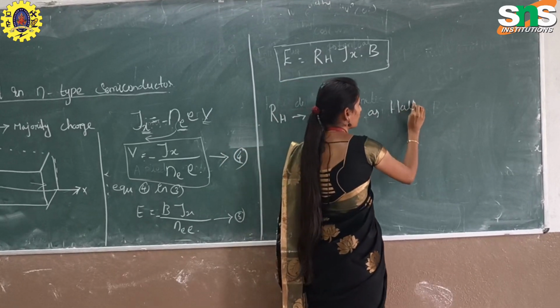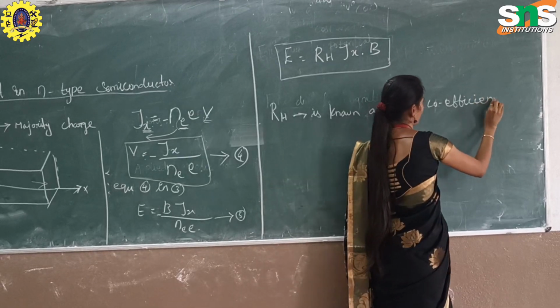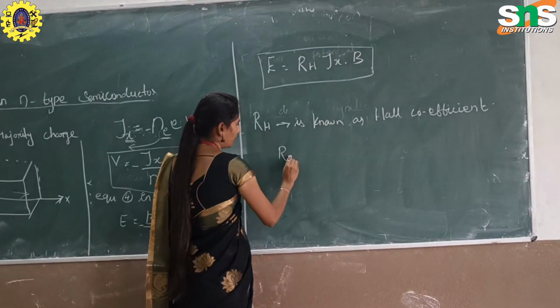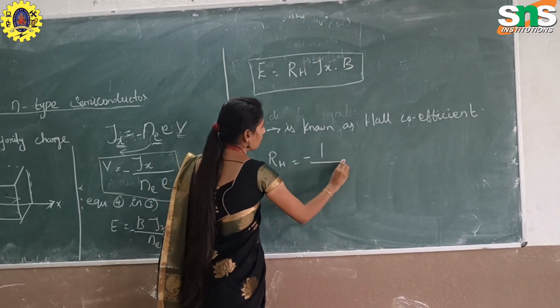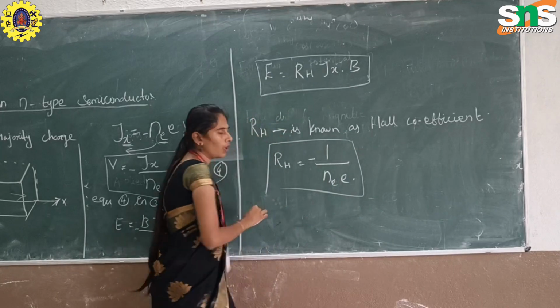RH is equal to minus 1 by Ne. This is the value of the Hall coefficient.